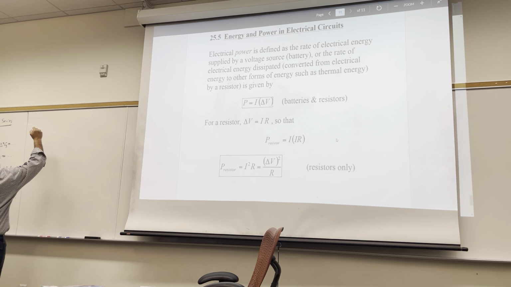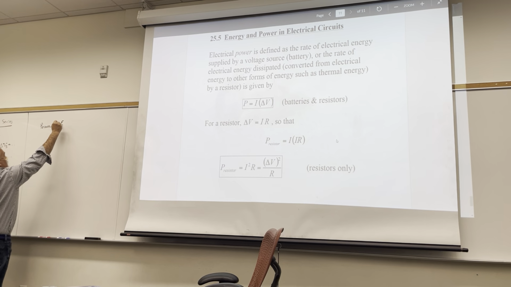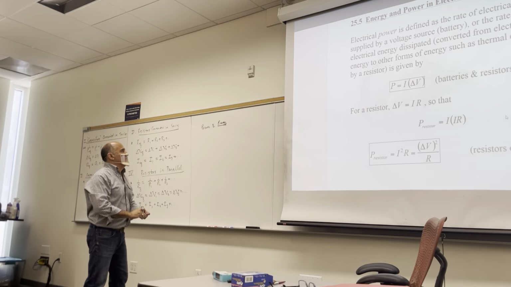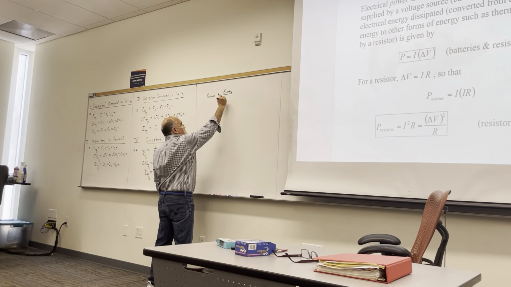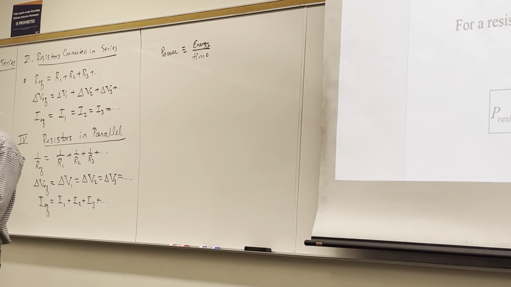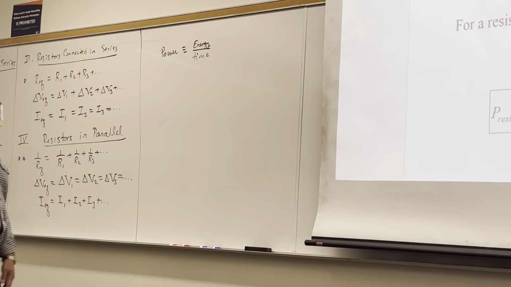Power is defined as the rate of energy transfer, energy conversion. It's a measure of how quickly energy is being used up, supplied, or converted to some other form. That's what power is. It's joules per second, or watts.